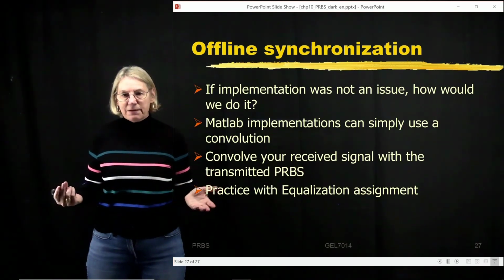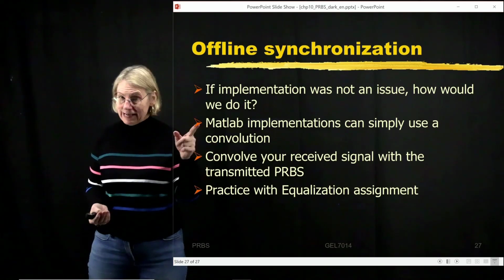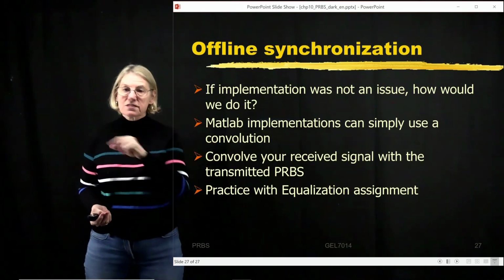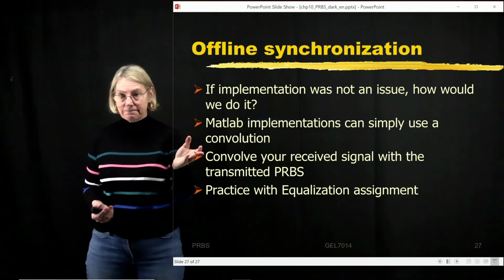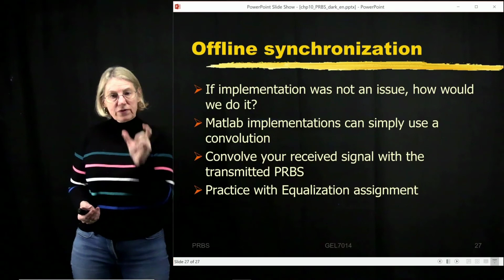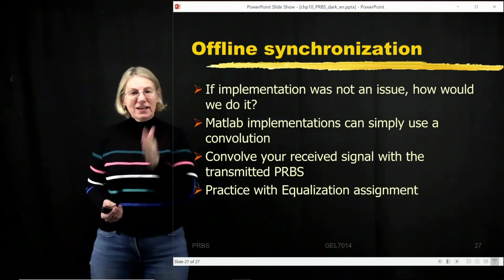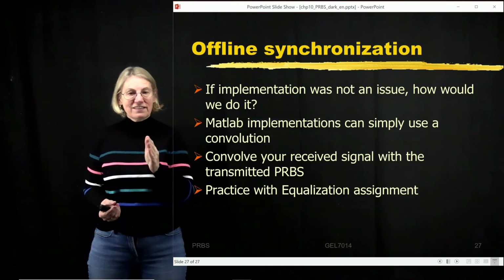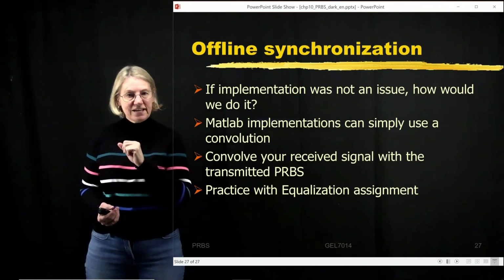If implementation is not an issue, how would we do it? In MATLAB, we can do this synchronization by simply using a convolution command. So you convolve your received signal with the transmitted PRBS. And when you line up, you will get a peak that will tell you at which point the beginning of the sequence is in your data.